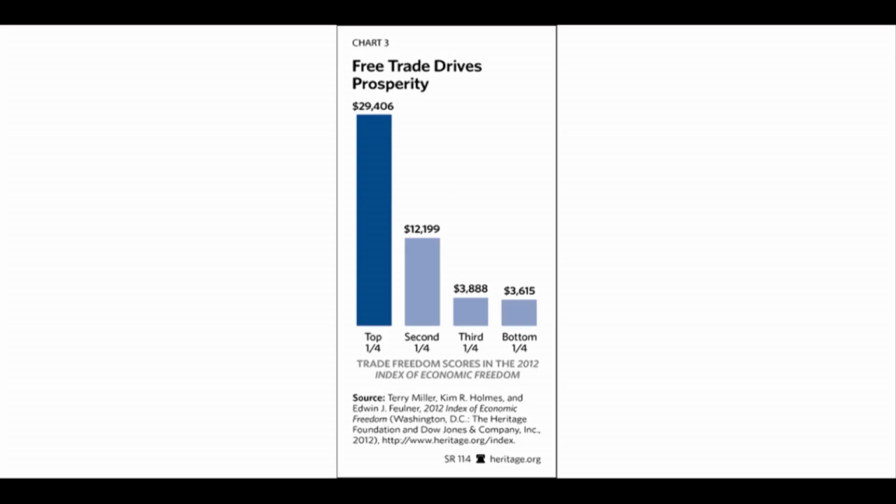So here's some economic history. There have been many studies done on the relationship between free trade and prosperity, measured in terms of changes in economic growth, per capita income, median income in a country. Here are just a few slides. This one shows the relationship between freedom to trade and prosperity. The largest income gains, the highest amount of that large dark blue bar, those are countries that are freer.